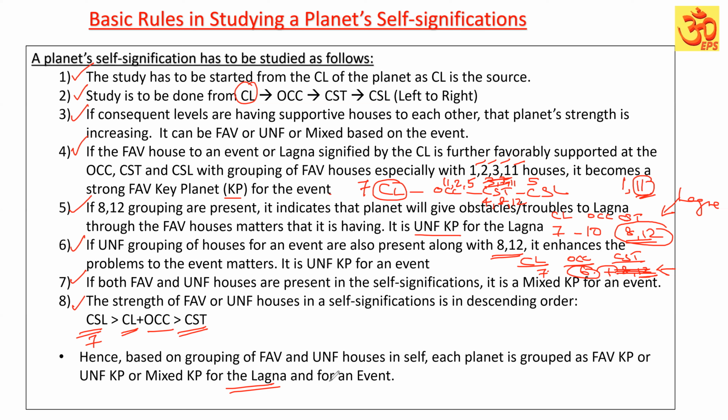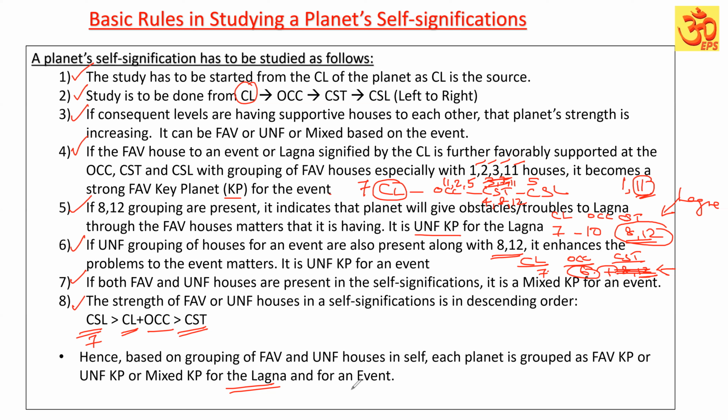Even for any event, if unfavorable houses are present for the event, definitely the Lagna is going to face it. But when, apart from the unfavorable houses to an event, unfavorable houses to the Lagna are also added, then only the unfavorable impact of that event is going to be more.